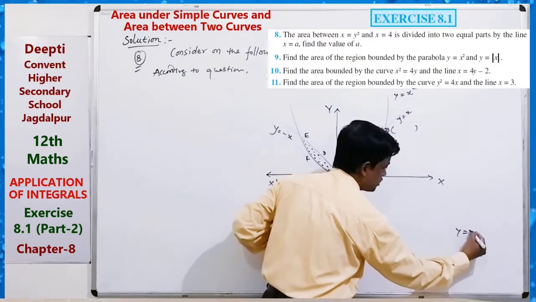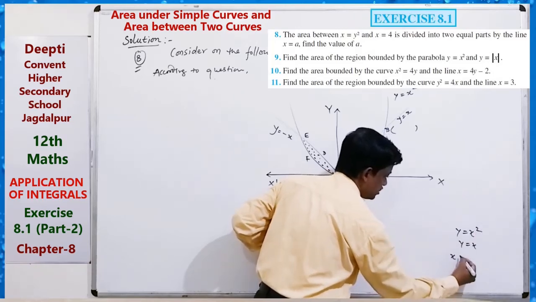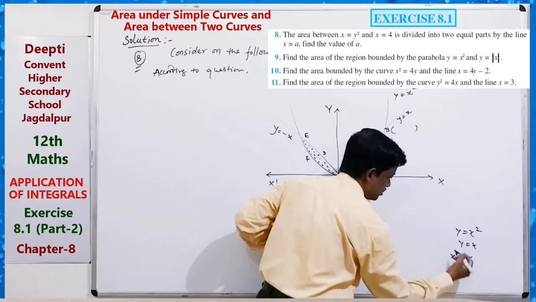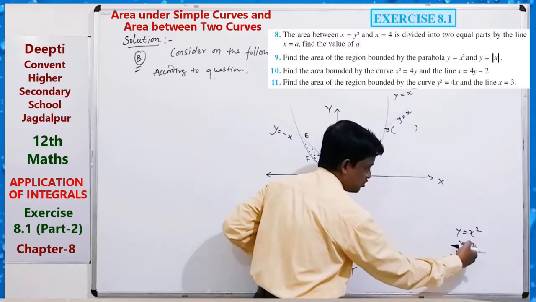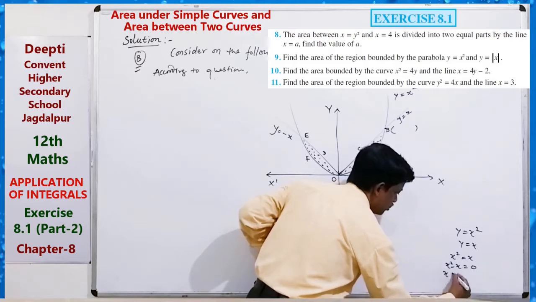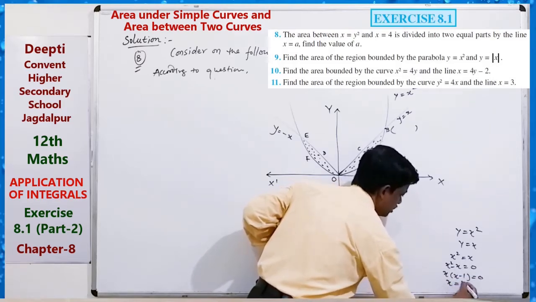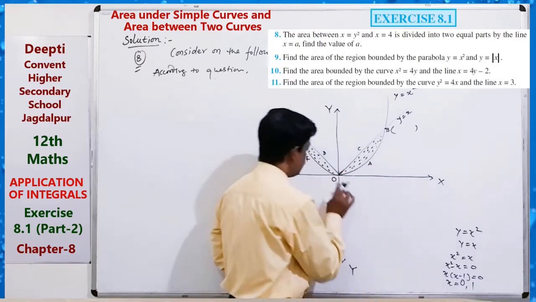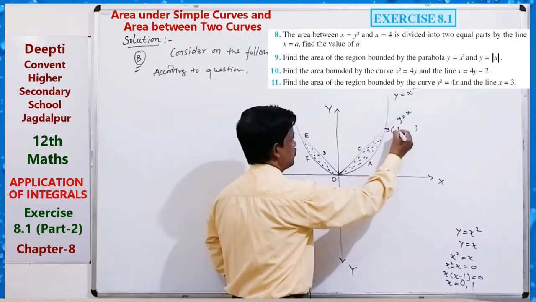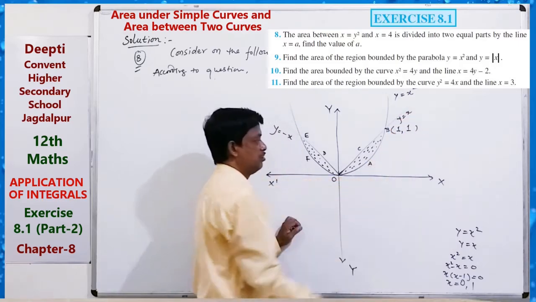Solving these two means x square equals x, that is x square minus x equals 0, that is x common, x minus 1 equals 0. That is x equals 0 and 1. 0 for here, 1 for here. If x equals 1, then y is also 1. So this is the point 1, 1.